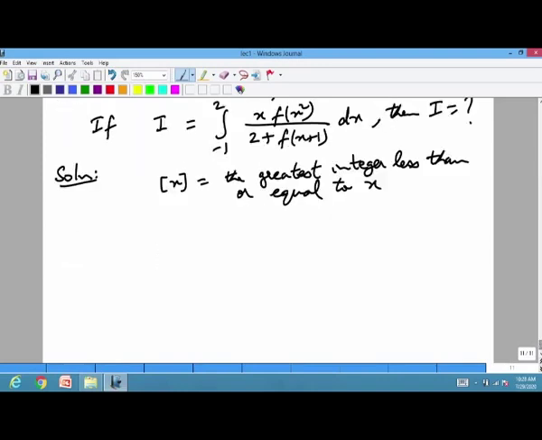So, this is equal to n if x is greater than or equal to n and strictly less than n plus 1, for any integer n.